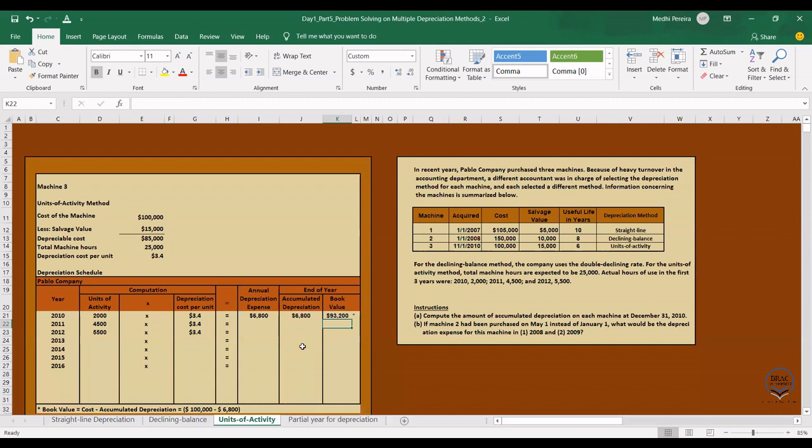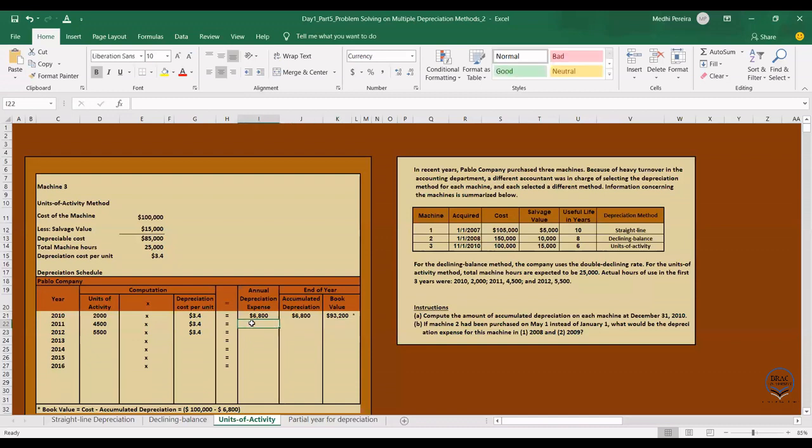And just for your reference, I have also given an asterisk sign and written down how we have come up with this book value. This is the cost of the machine, and this is the first year's accumulated depreciation, and this is how we got the book value for the first year.